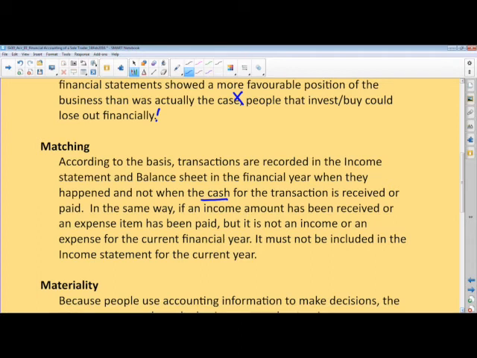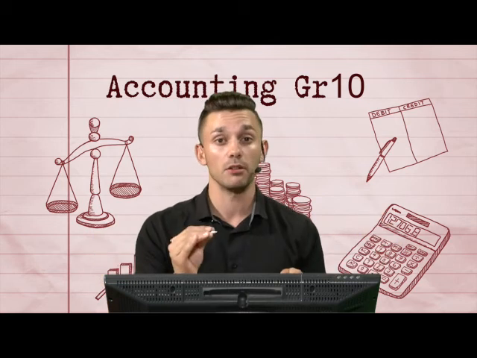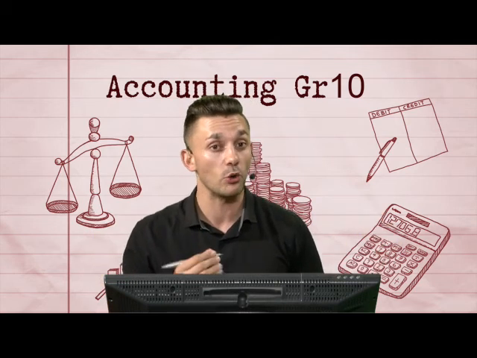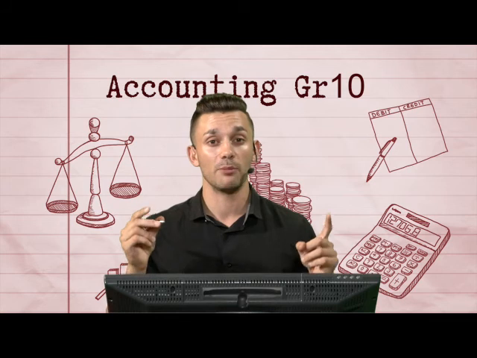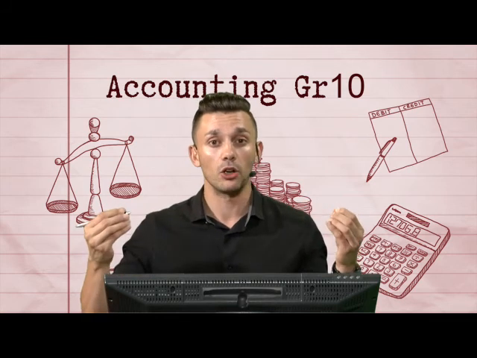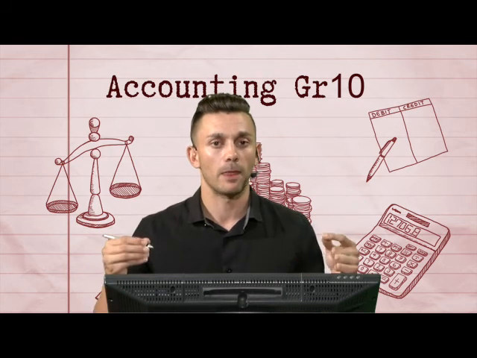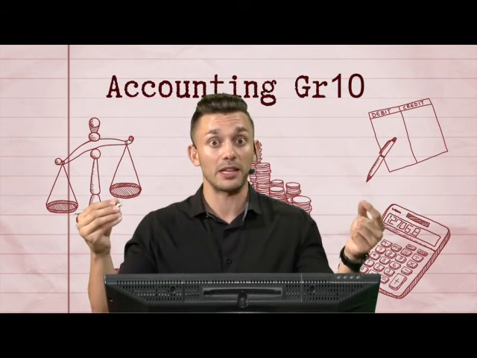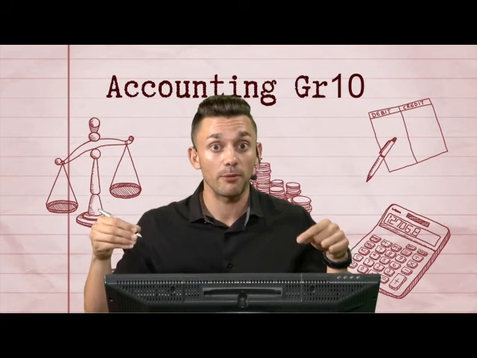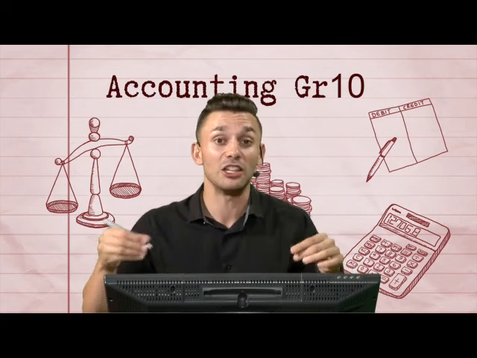It must not be included in the income statement for the current year. So easily, I don't care about when I receive or when I pay. What do I care about? I care about when should this income or expense have taken place. Should it have taken place this year? If it should have happened this year, I need to put it in for this year.